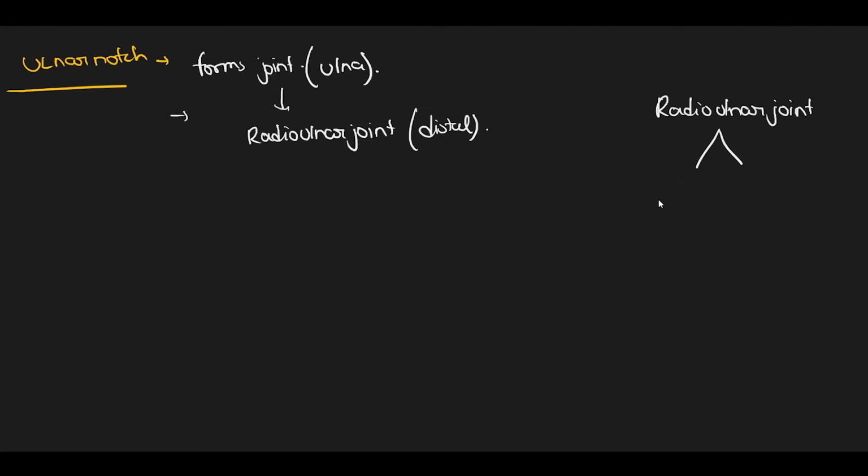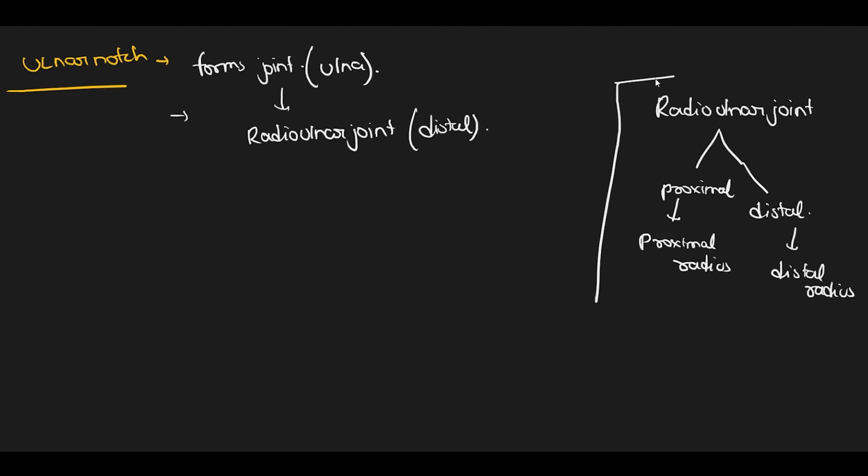Actually there are two radioulnar joints, one proximal and the other distal. The proximal is in the proximal radius and the distal is in the distal radius.